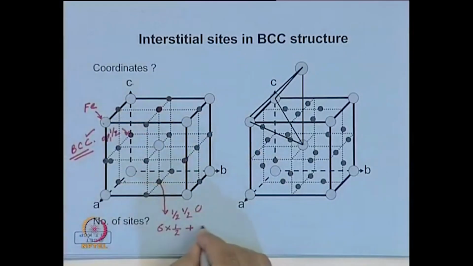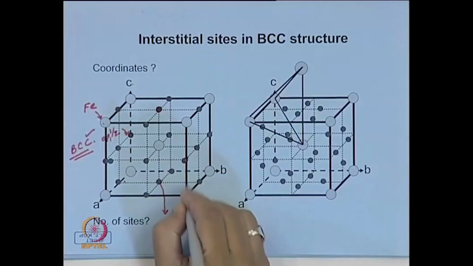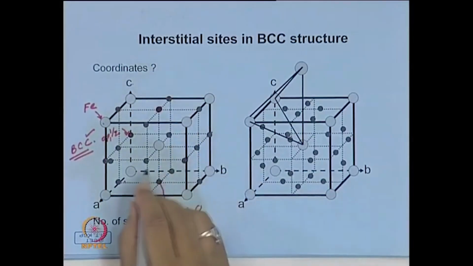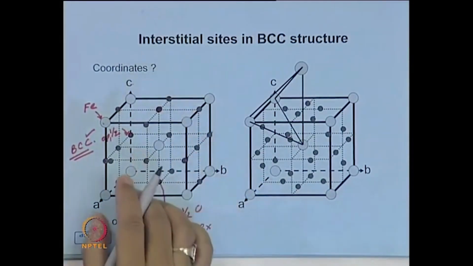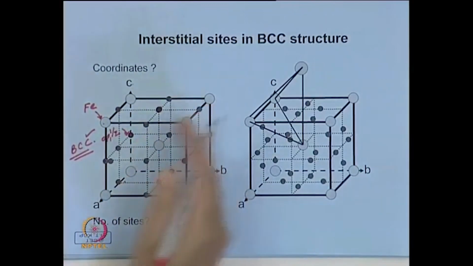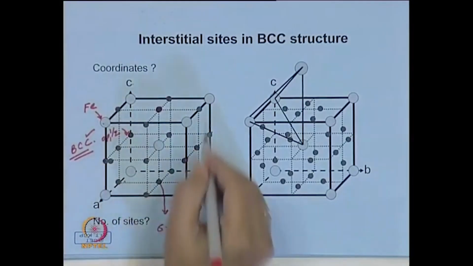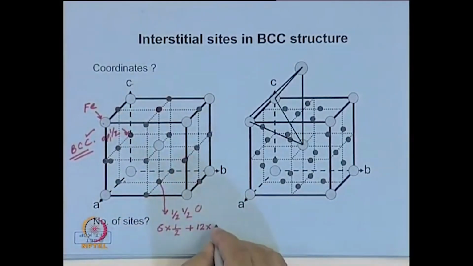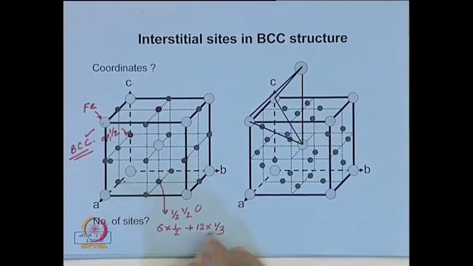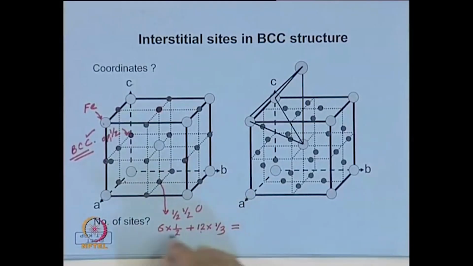Now, there are 12 edges in the cube and each edge is common to 4 adjacent unit cells. So, apart from this there are 3 other neighbors. So, the contribution of this is 12 times 1 over 4.